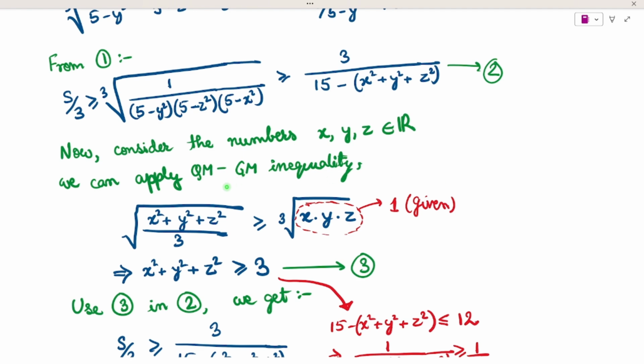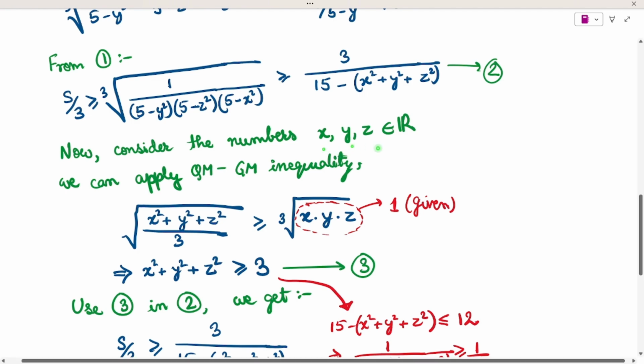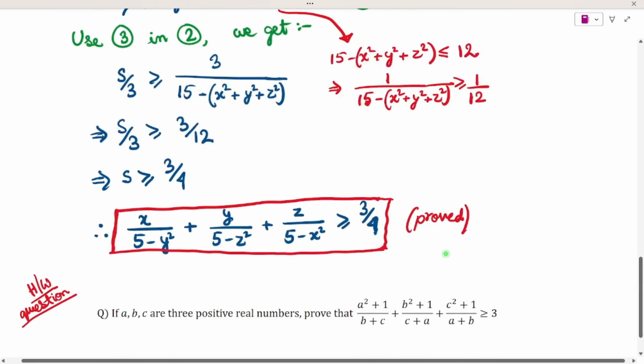Even in this GM inequality, we used a1 as x, a2 as y, and a3 as z. So finally we arrive at the result which we need to prove. All right, so this is our answer to this question.